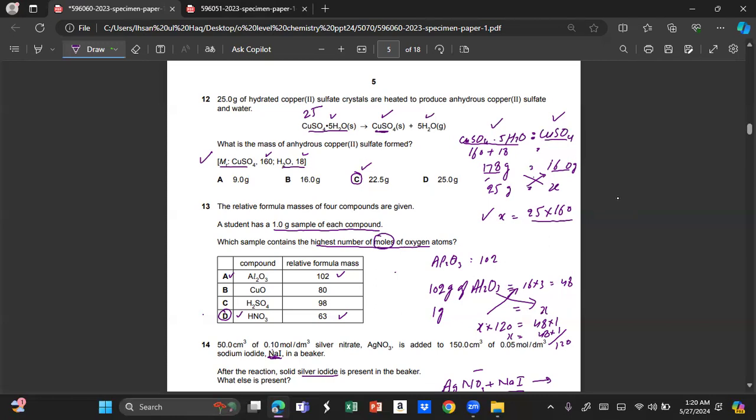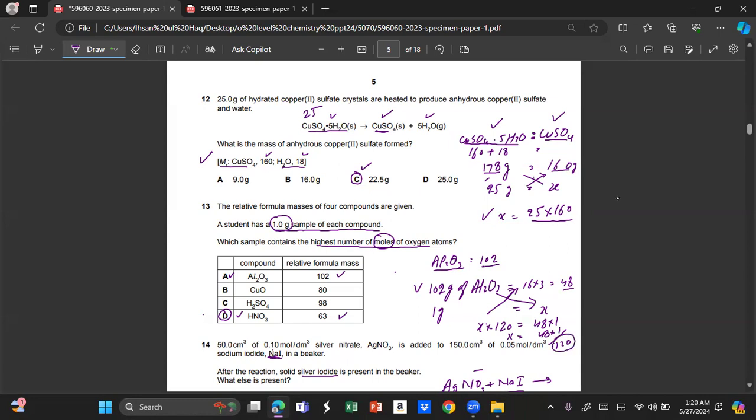If you see like this, Al2O3 has MR of 102. 102 gram of Al2O3 has 48 gram of oxygen. And in 1 gram of sample, we will have X. If you further simplify it, you will get this expression: X is equal to 48 into 1 over 102. You see, very simple.